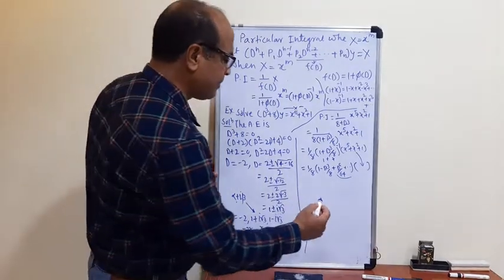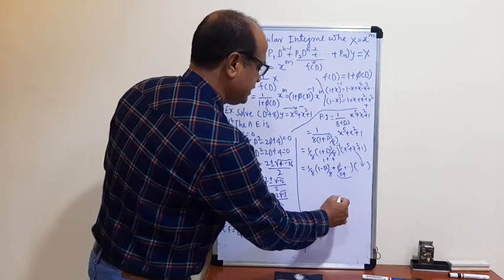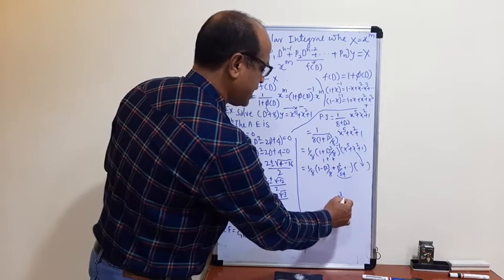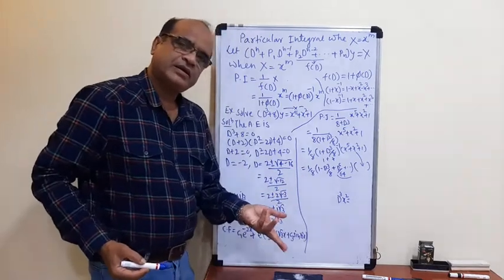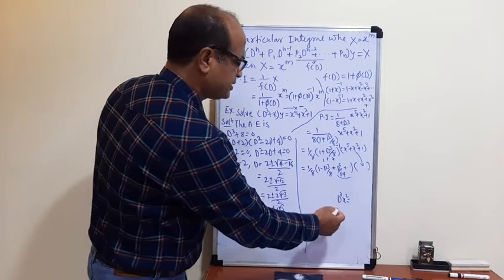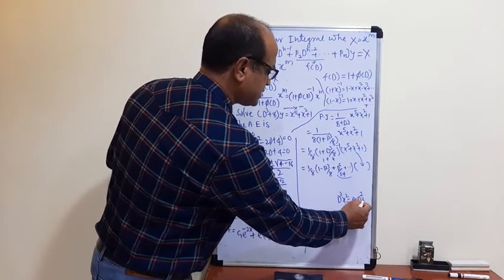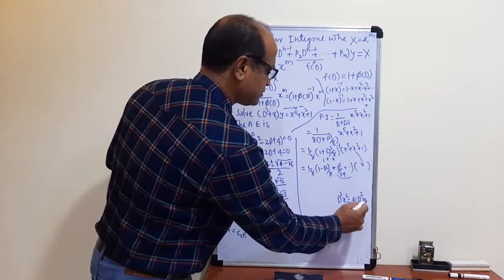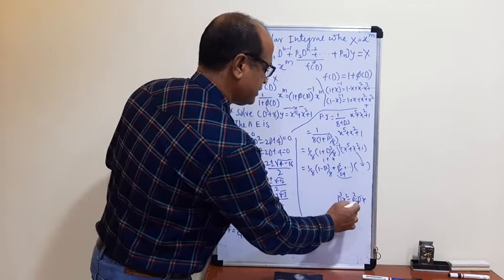Why? For example, what happened here? So that is D cube operating on x square. What is D cube of x square? First derivative is what? D cube is D into D square, so D square into D of x square.